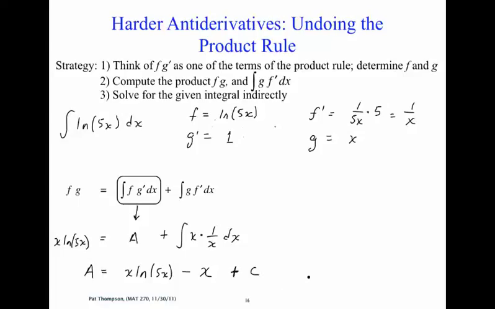How can we check our answer? Take the derivative of this, and we should get exactly natural log 5x. So we should do it at least once. Let's do it here. Take the derivative.